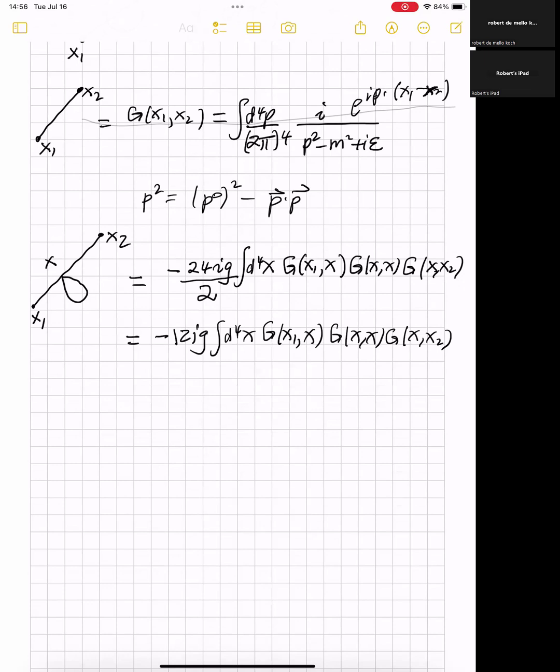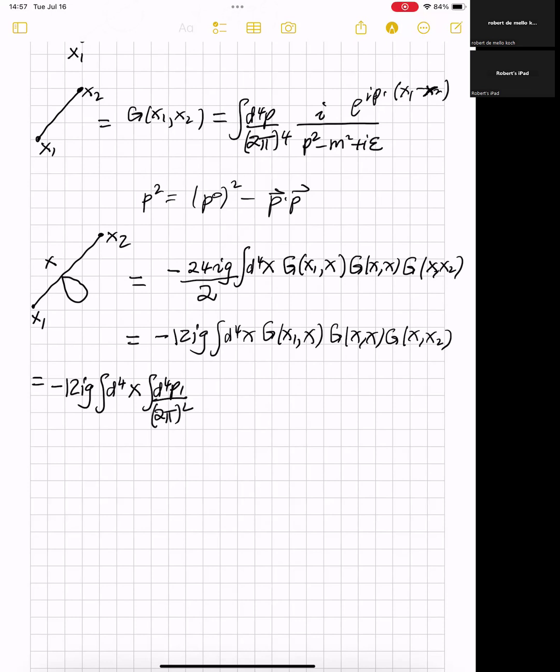Now, what I'd like to do next is to perform the integral over x. So to do the integral over x, I actually need to plug in the explicit expressions for these Green's functions. So this will be equal to minus 12ig, then there is an integral d4x. We have got a g of x1 comma x, so we'll need an integral d4p1 over 2 pi to the 4.